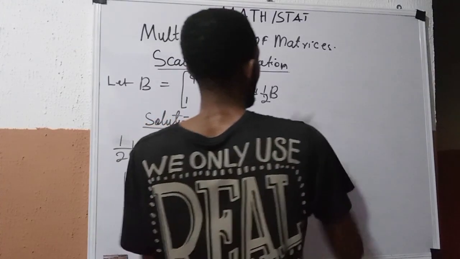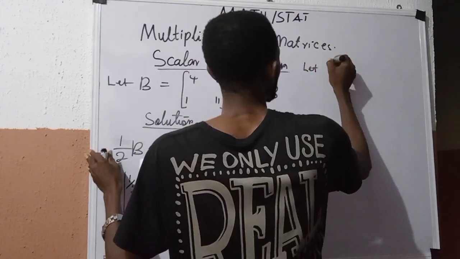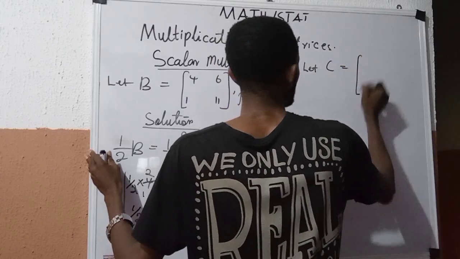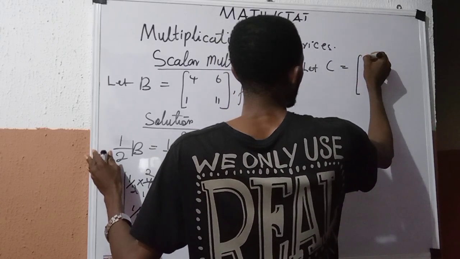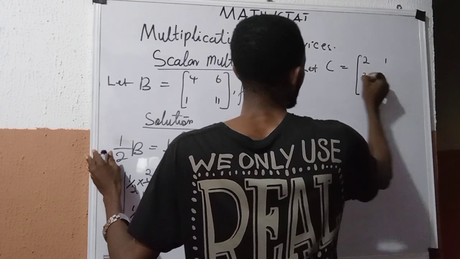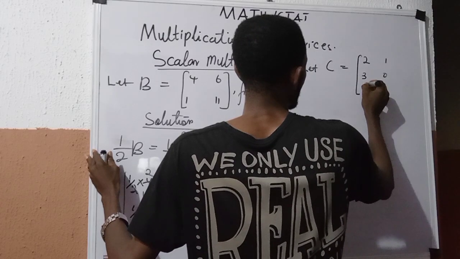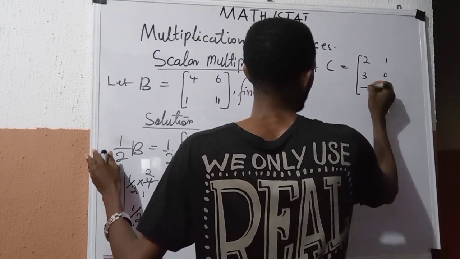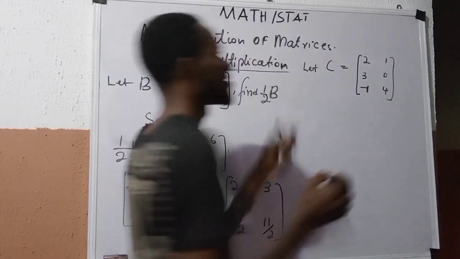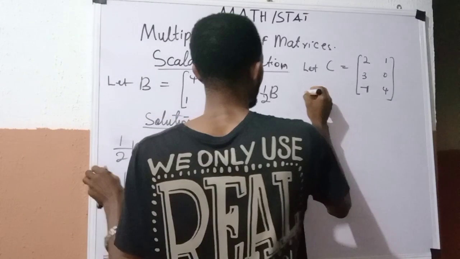You can have that, you can say let C equal 2, 1, 3, 0, minus 1, and 4. This is a 3 by 2 matrix.